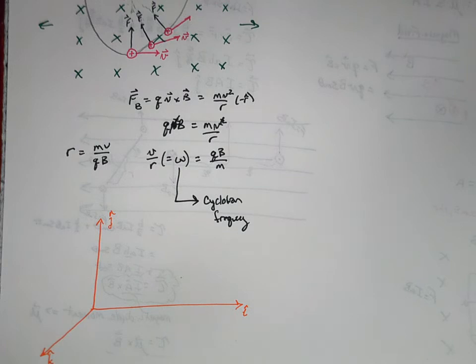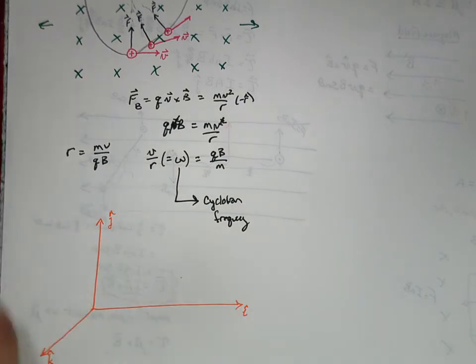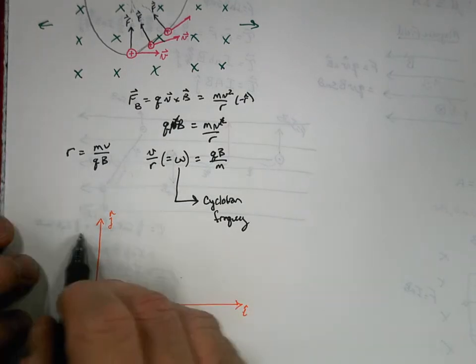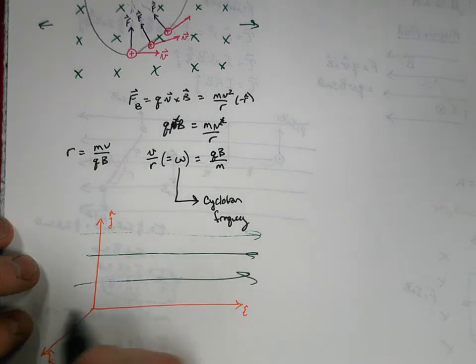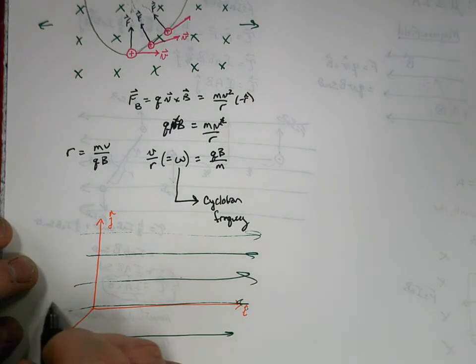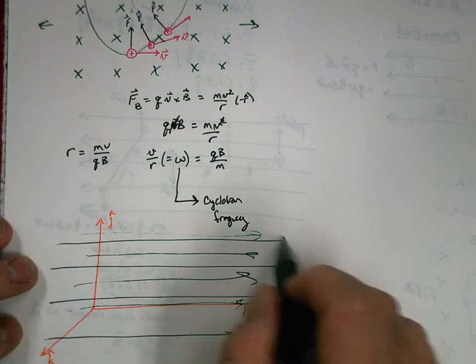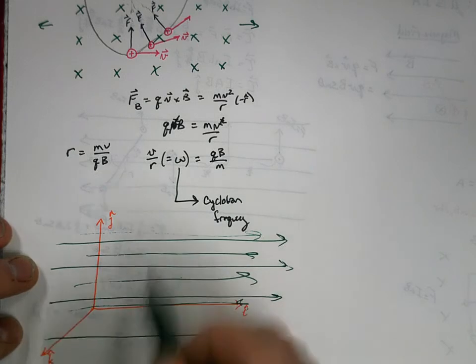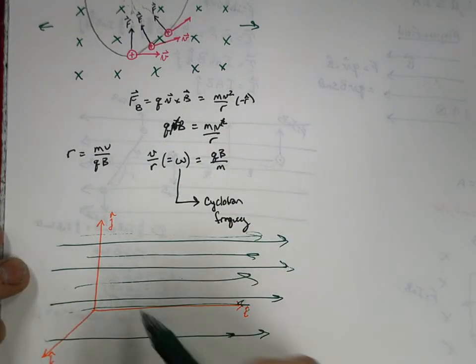All right, and imagine we have a particle, and here's our magnetic field. It is not only just this way, but it is also filling up the space. So this whole thing has a magnetic field going through it.